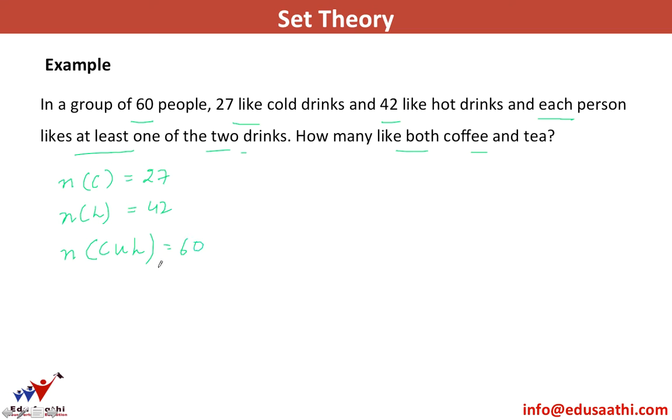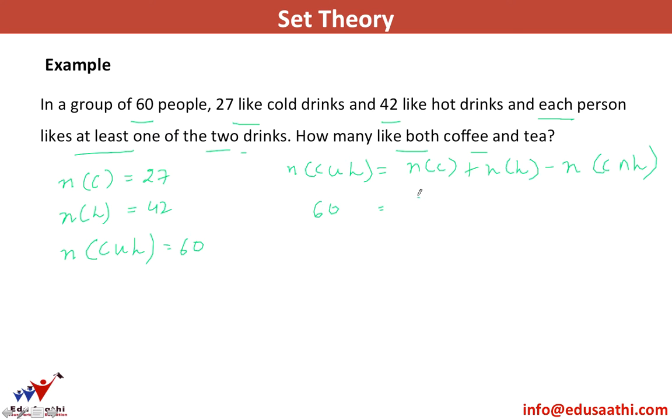So by this formula which we've just discussed in the previous slide, I have n of C union H is equal to n of C plus n of H minus n of C intersection H. So n of C union H is how much? The total number of people, which are 60.